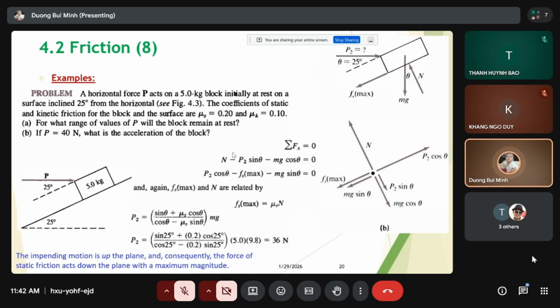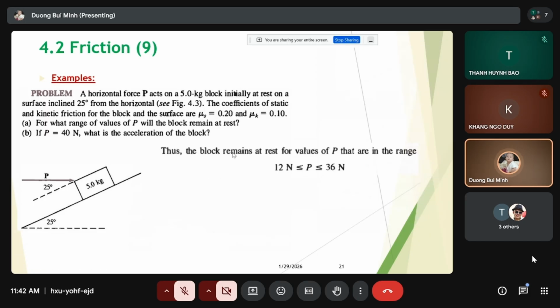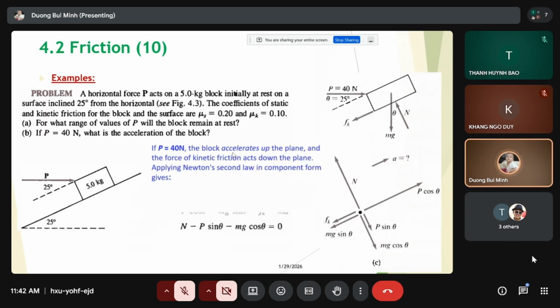Anyway, okay, so if B is 40 newtons, what is the acceleration? If B is 40 newtons, you get upward, the moving direction, right?